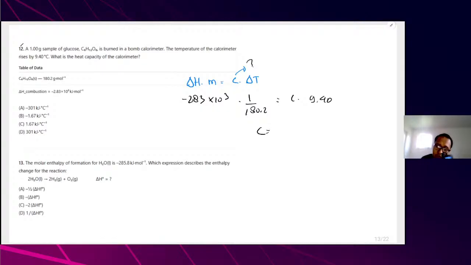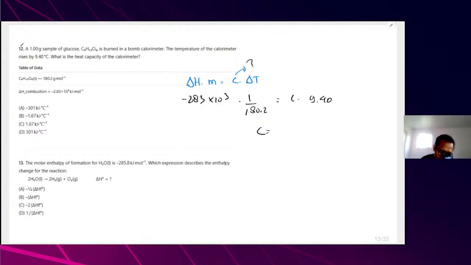Just doing basic calculation: 2.83 minus, right, divided by 180.2, and then divided by 9.40.